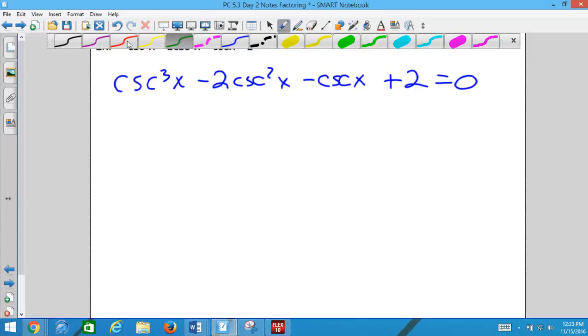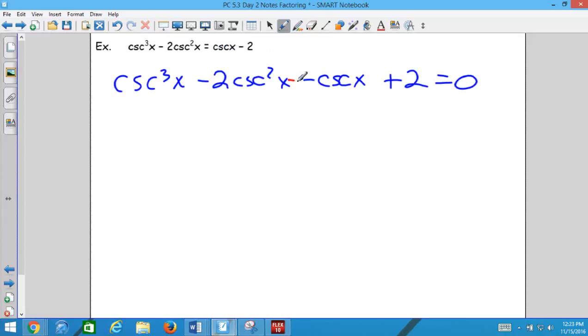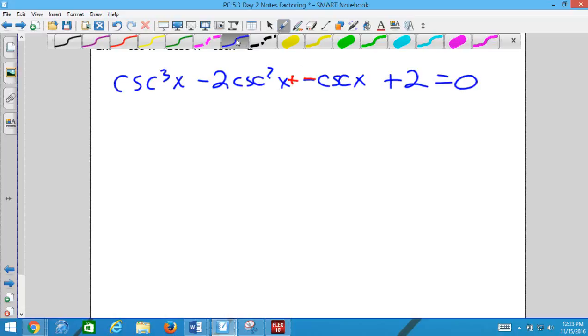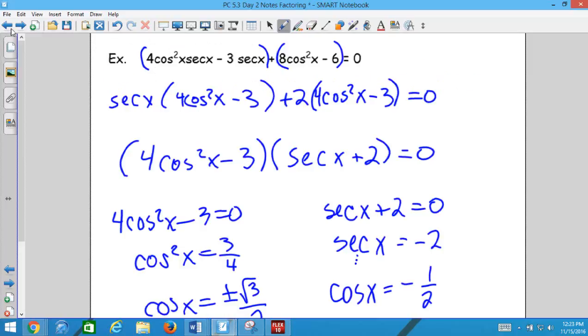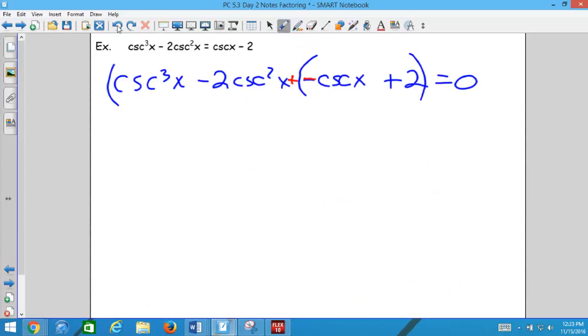You'll end up getting it wrong half the time. So instead of a minus sign, I just make this plus a negative. That way when I put my groups in, it doesn't change anything about that 2. Oops, I messed up. There we go. So I have the plus sign in between.